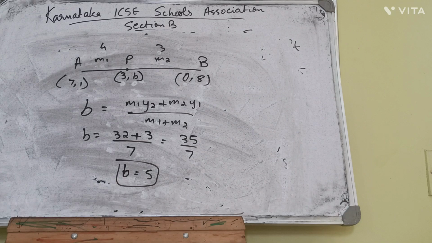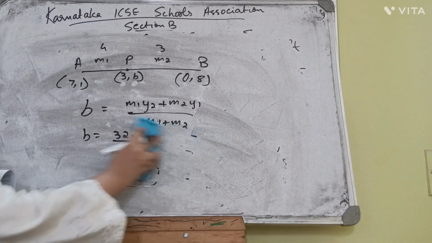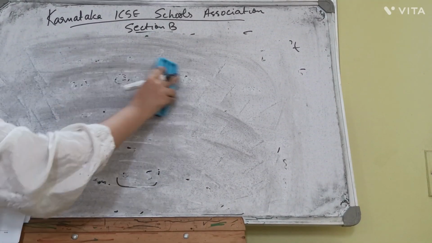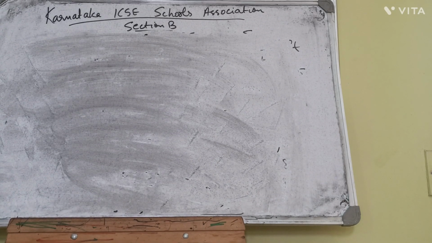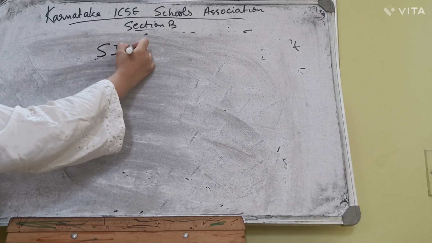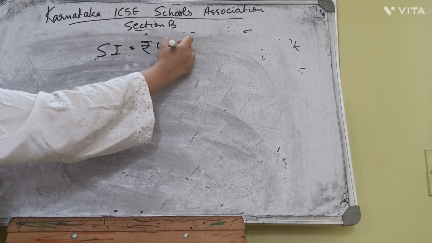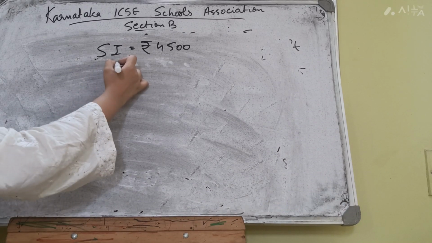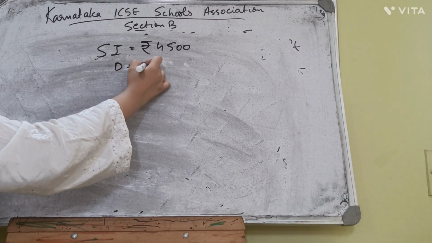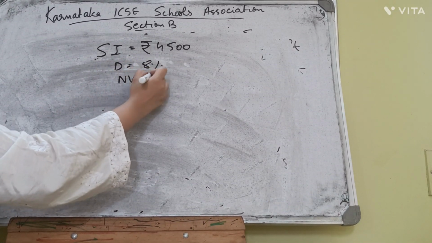Now the last question of this paper is a question from shares and dividend. The question says that Surya invests rupees 4,500. So the sum invested is rupees 4,500 in 8% rupees 10 shares.